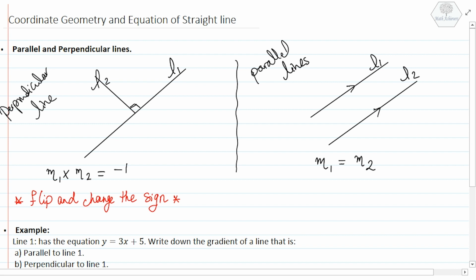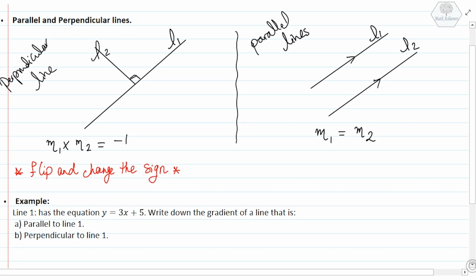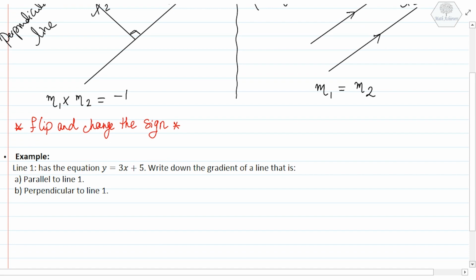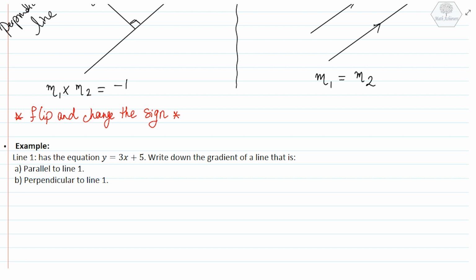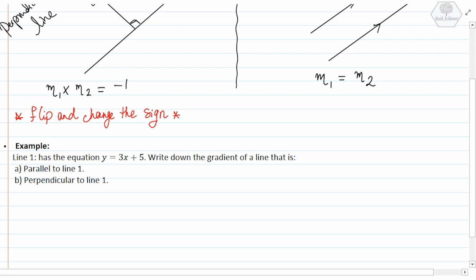Let's now solve an example on parallel and perpendicular lines. The example says that line 1 has the equation y equals 3x plus 5. Write down the gradient of a line that is parallel to line 1. Now, I have to take out the gradient of line 1, which is in this case 3. So this is the gradient of line 1.